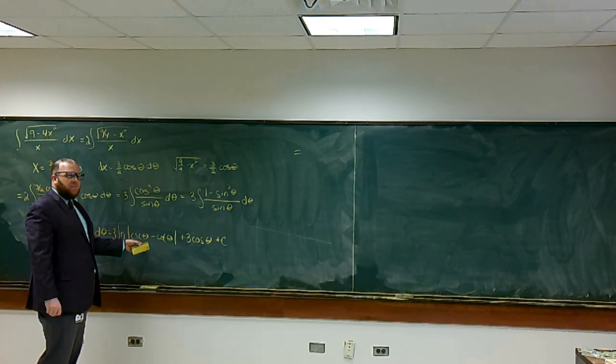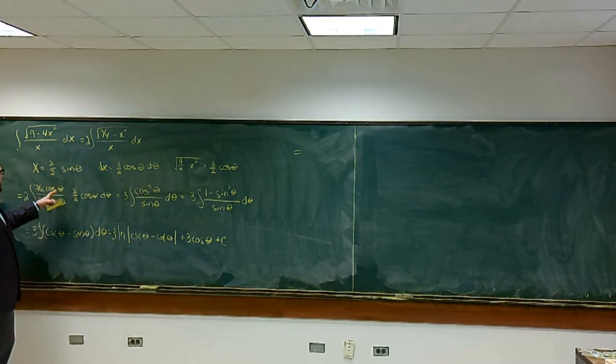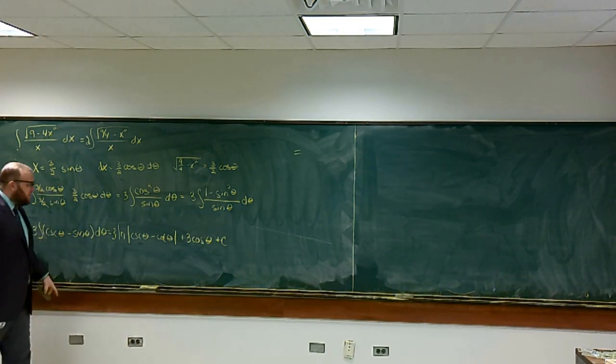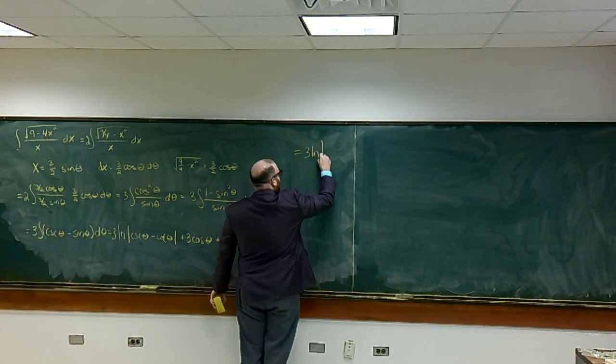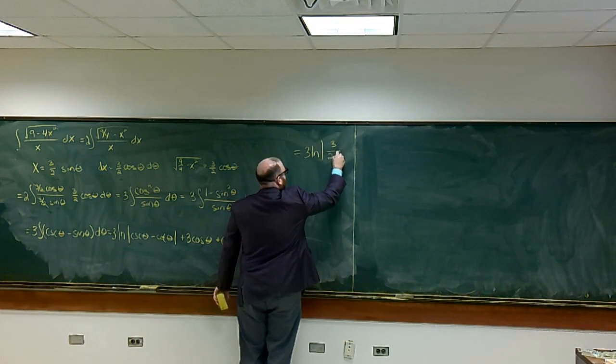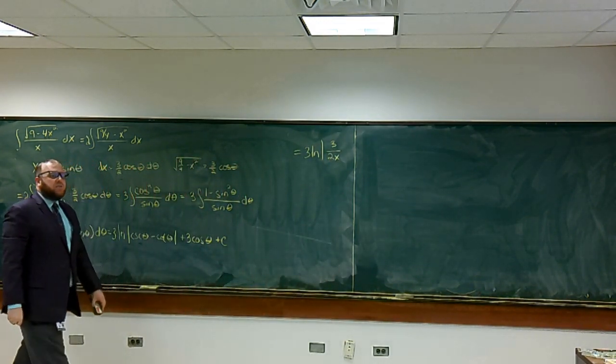Cosecant is 1 over sine. We know what sine is: 2x over 3. So cosecant has to be 3 over 2x.